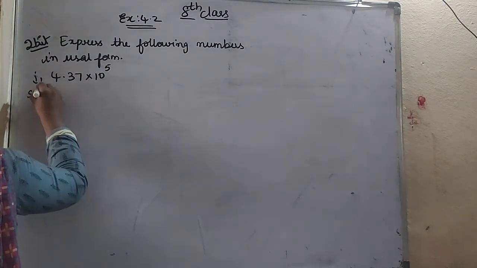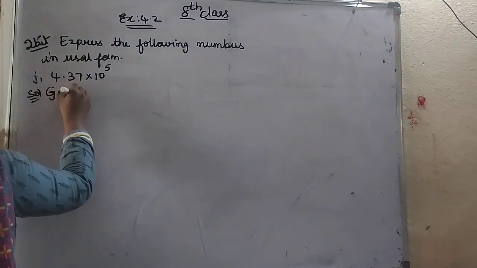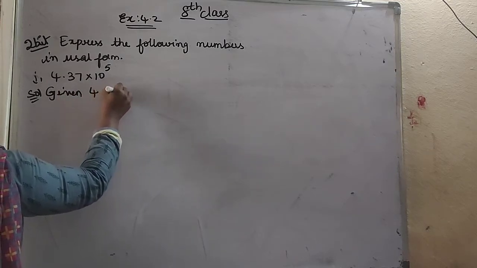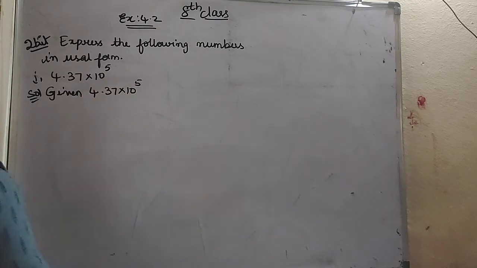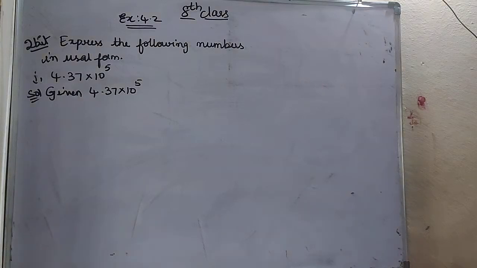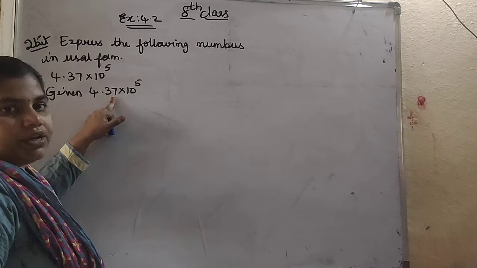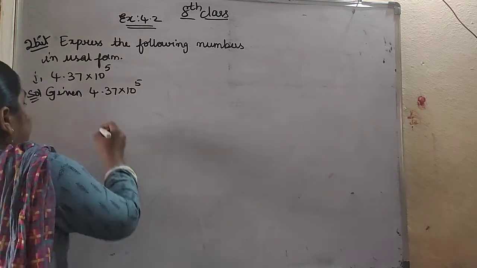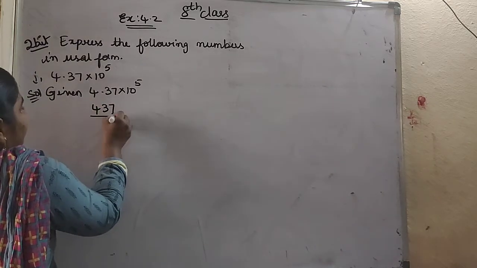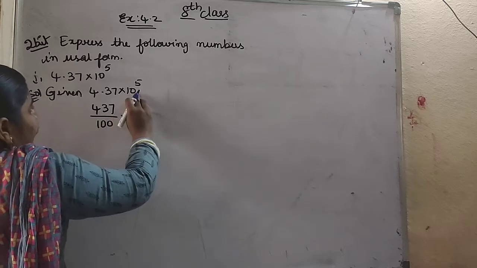So how to solve this? Given 4.37 into 10 power 5. Here in 4.37, after point you are seeing 2 digits. So if you remove the point, in denominator you will get 2 zeros. So it will be 437 by 100 into 10 power 5.